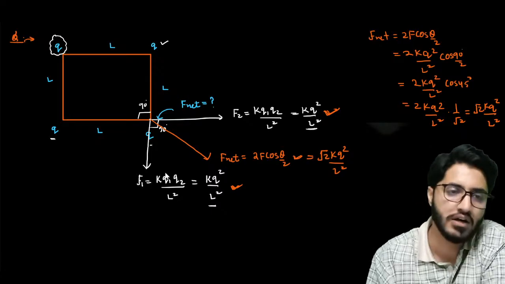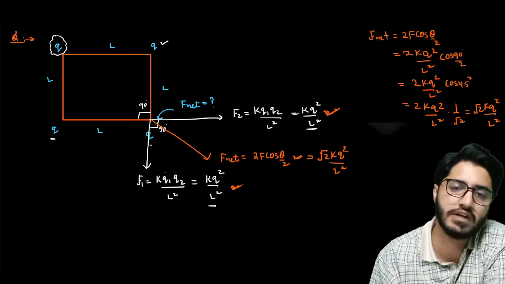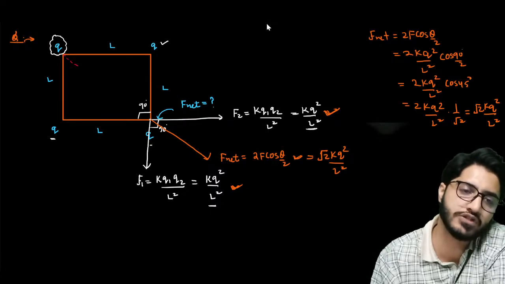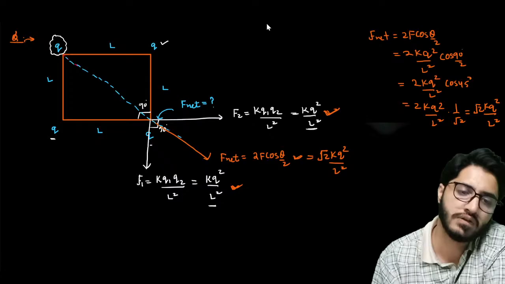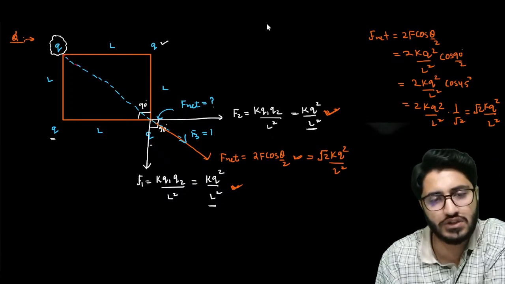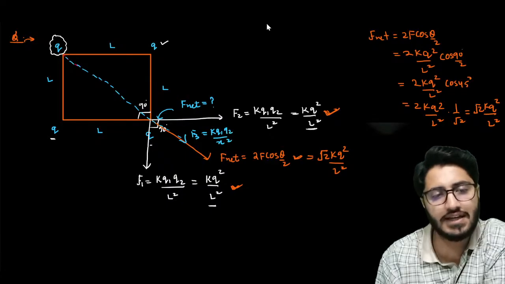But look here, we have one more force. This charge will also apply some force. Let's say it is F3, equal to K Q1 Q2 by X square, where X is the distance between these two.